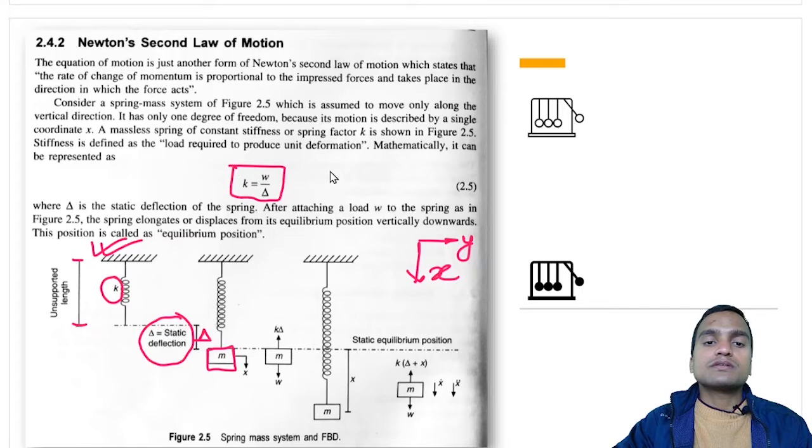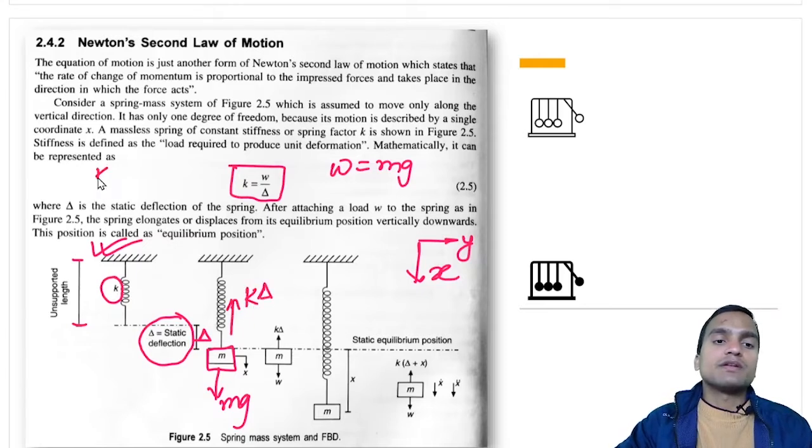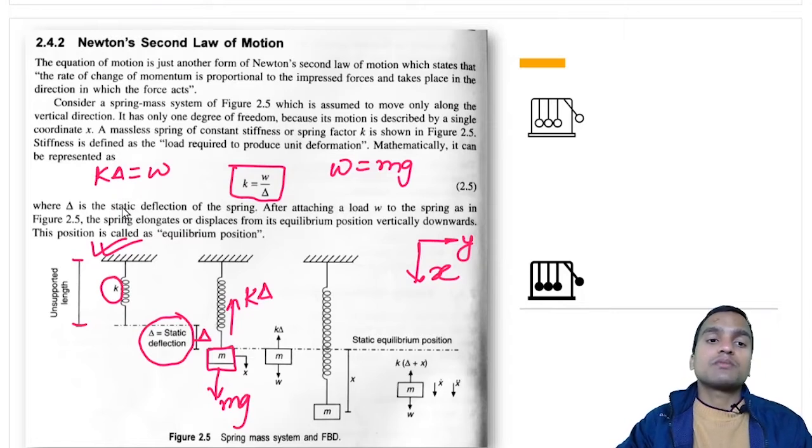The weight is equal to mg, acting downwards, so the spring will now apply a force K times delta. K delta will be equal to the weight of the block, and the static displacement delta can be obtained as W upon K. This is how we can find the equilibrium position of the block after hanging it from the spring.